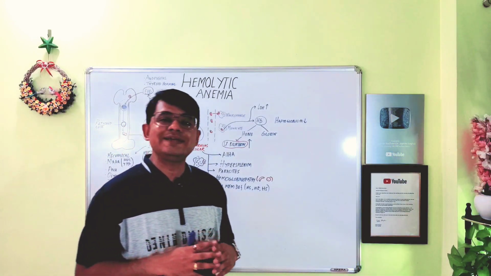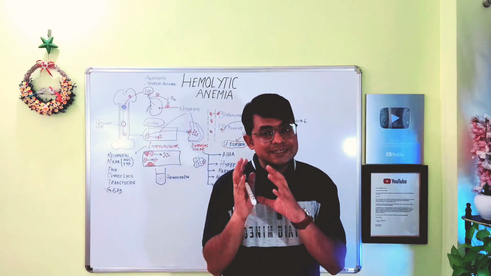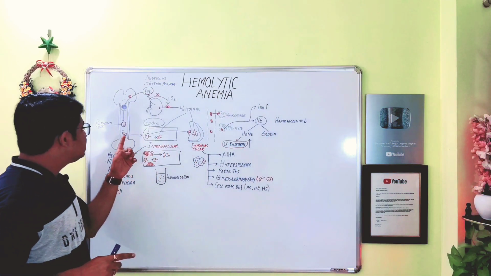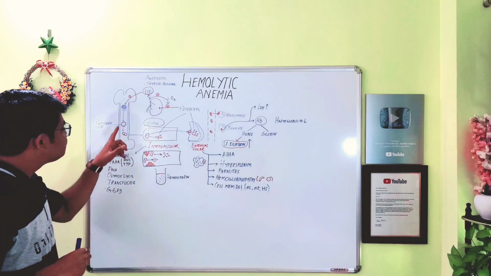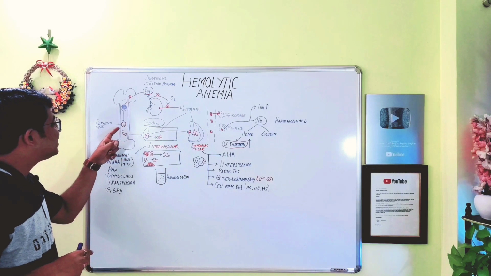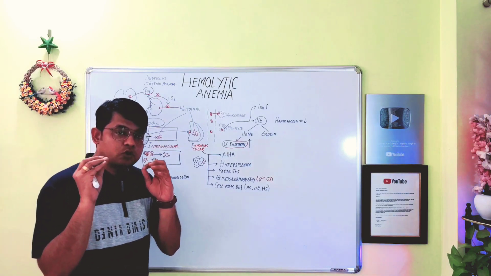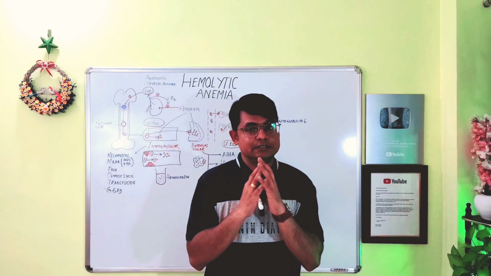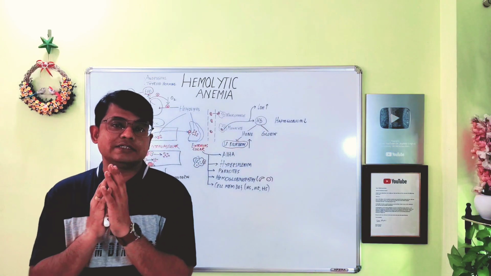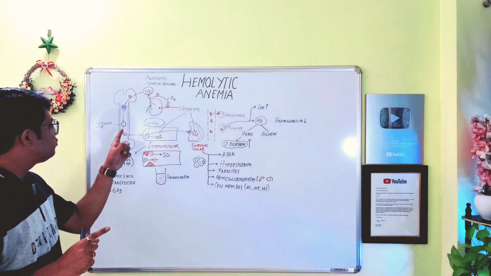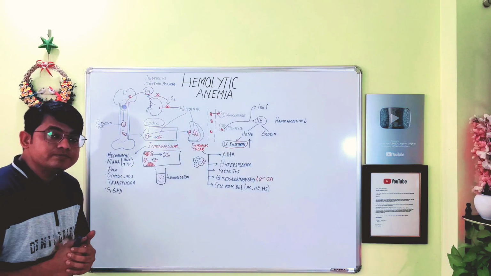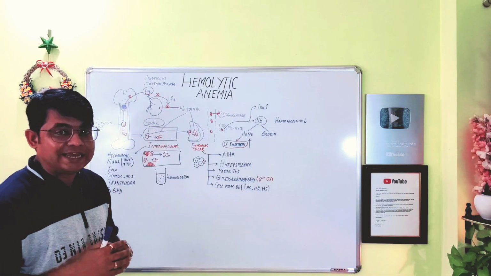Now what is reticulocyte? Reticulocyte is just before the stage of mature RBC. So reticulocytes usually contain some chromatin fragments, basically some RNAs, and they can be visualized with the help of some supravital stains.